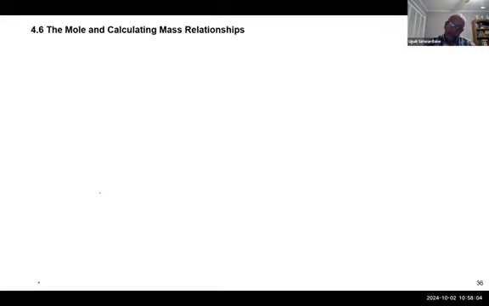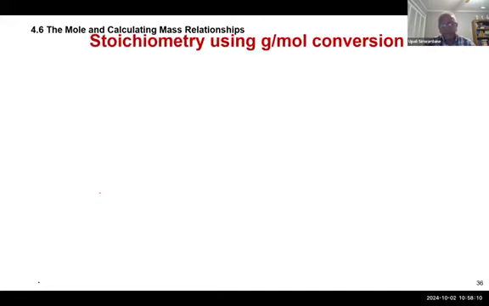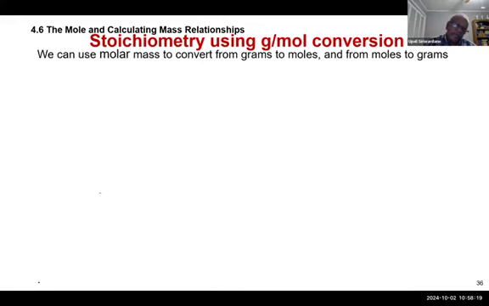The next topic is chemical calculations using chemical reactions. When you use chemical equations to do calculations, it's called stoichiometry.